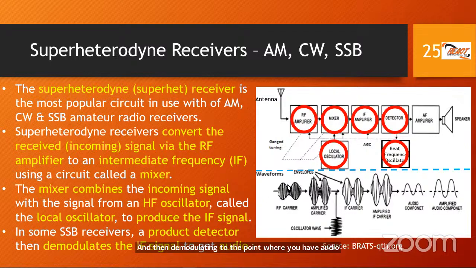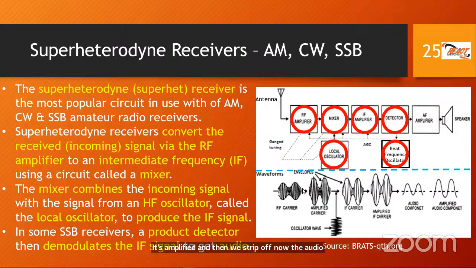And we have an example of the various signals. We start off with the radio frequency signal. It comes in. You have the intermediate stage. It's mixed via an oscillator to create that IF frequency. It's amplified, and then we strip off the audio component via the detector, and then we amplify it to go to the speaker.